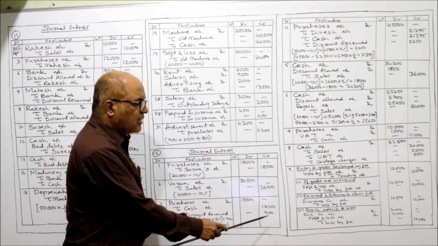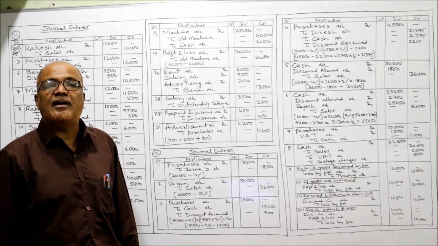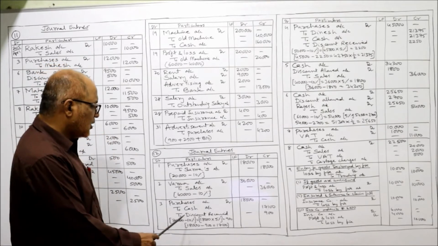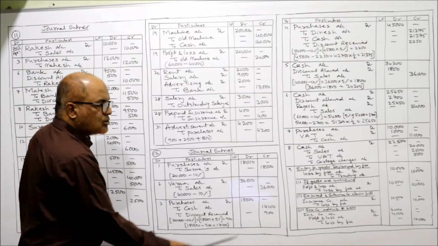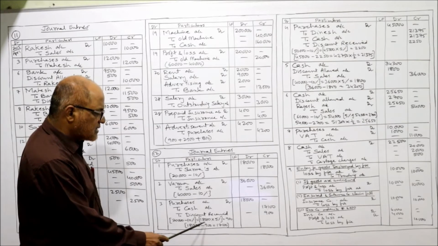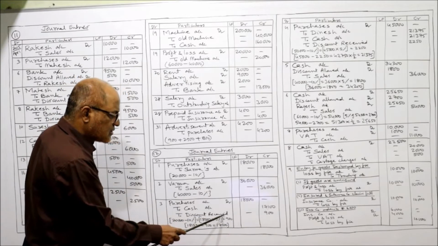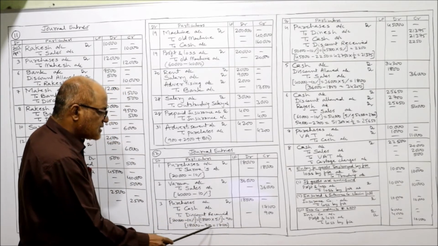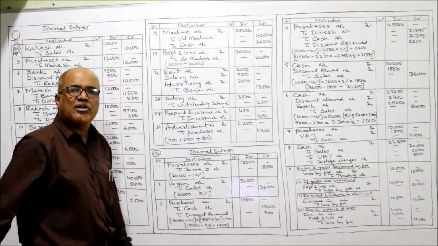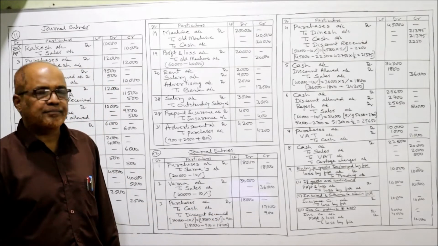So 18,000 minus 900, 17,100 will be the cash paid. So credit to cash 17,100. All the calculations I have shown here: 20,000 minus 10% is 18,000, into 5% is 900, the discount received, and 18,000 minus 900, 17,100 cash paid. Being goods purchased and cash paid.